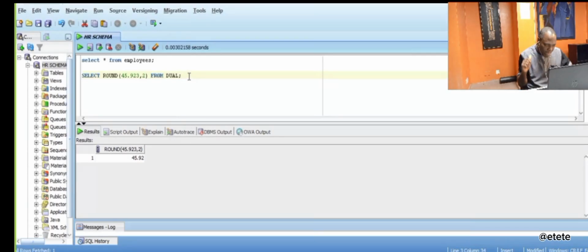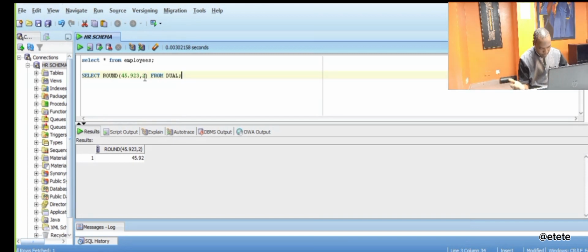Using that statement that I just read for you, look at this. It means that the rounding is based on 10. So you're looking at base 10. So 45.923 is the argument we are supplying, and we are telling round to round it to 2 decimal places. By putting 2 here, it means we are rounding to the right of the decimal.